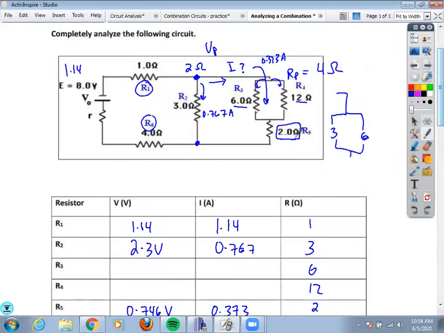Now, we can go back here. We know that the 2 ohm resistor is in series with the 6 and the 12, which are in parallel. So this parallel, we can call it V parallel, is in series with the 2 ohm resistor. So using the loop rule, their voltages should add up to V2. So V parallel would equal V2 minus V5.